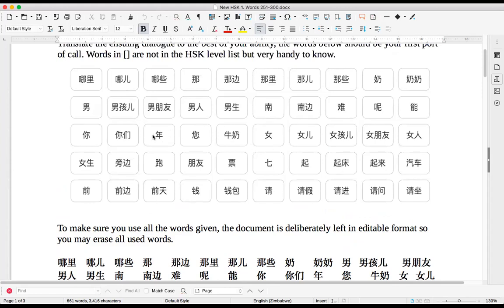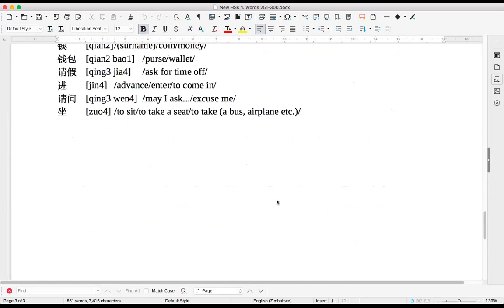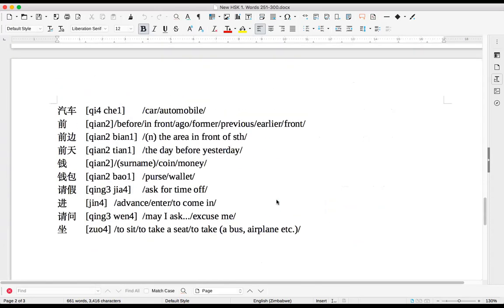Did you have any difficulty with these characters? No, not really. Let me go back, because I'm using the ones at the bottom. The ones you put way at the bottom have proven very helpful for me.